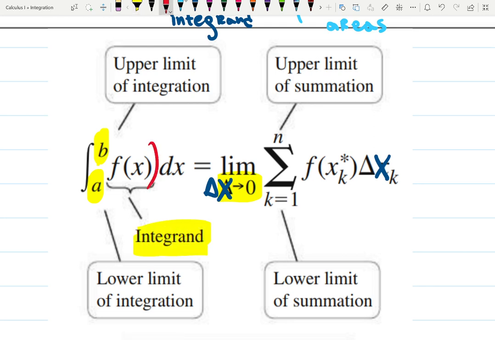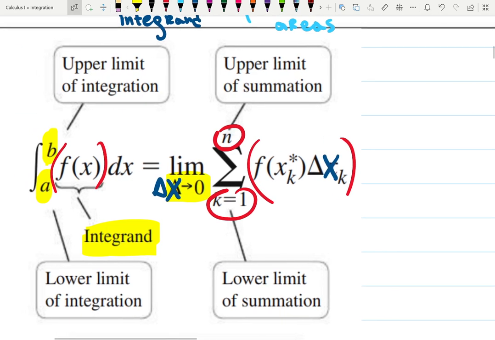Inside of the integral we have integrand, that's the one we are about to integrate. Then upper limit of summation, lower limit of summation, and then sums. We're summing areas of integrals. That is the idea.